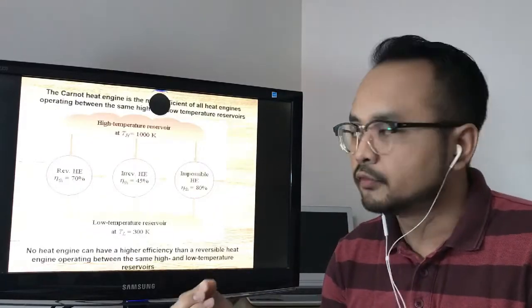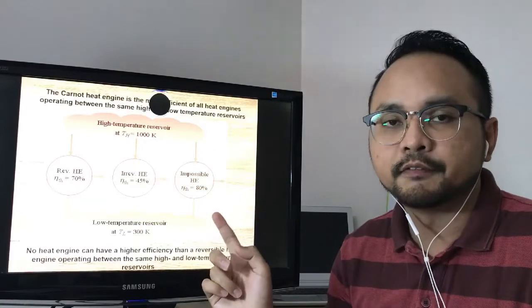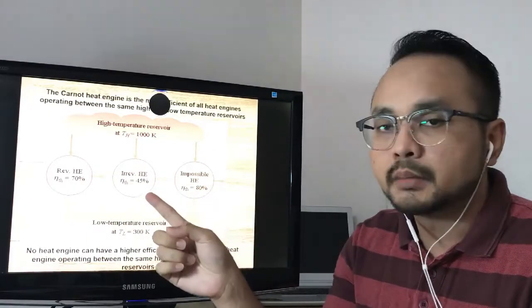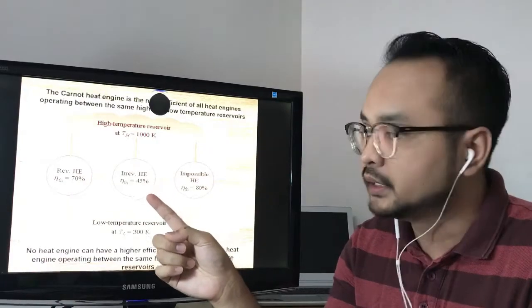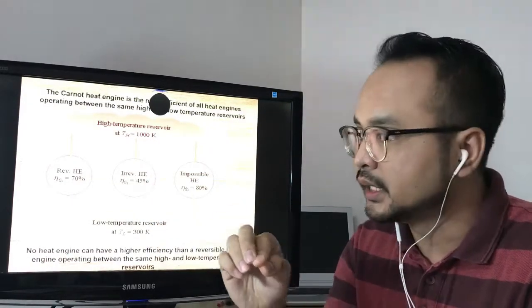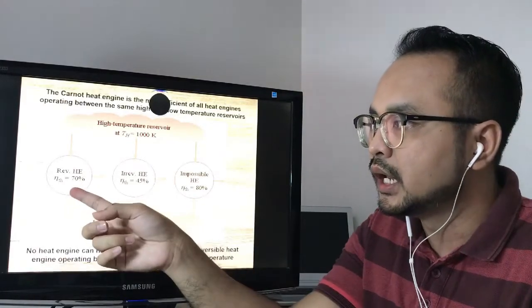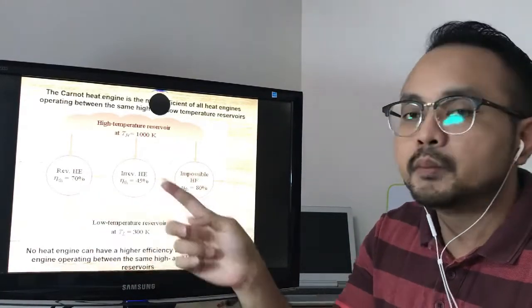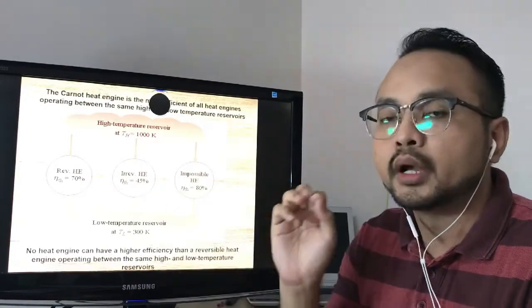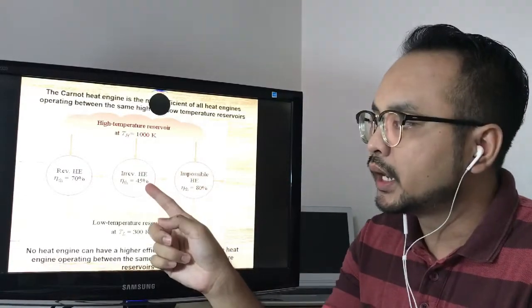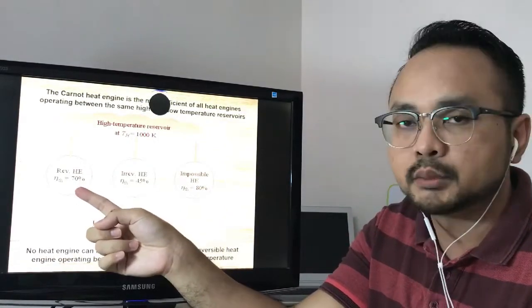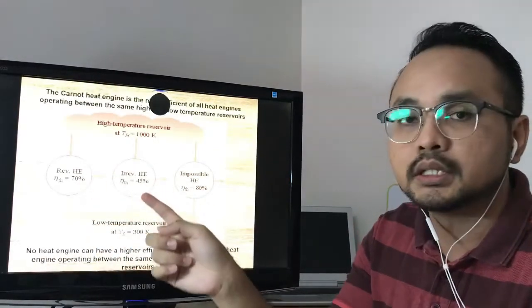So what I explained to you before is depicted in this figure. If you have 3 different heat engines and the thermal efficiency for the reversible heat engine is 45%, if we measure another heat engine and get a thermal efficiency of 70%, and if we measure another heat engine operated under the same reservoir, and we get a thermal efficiency lower than that of the reversible heat engine, this heat engine is irreversible.